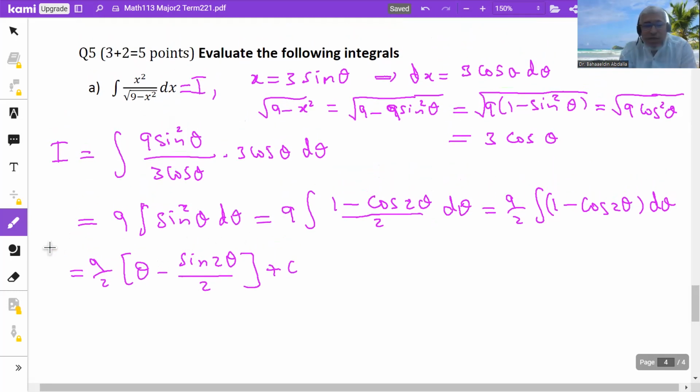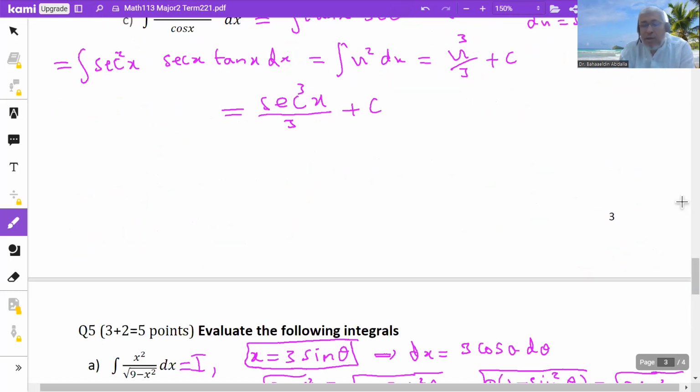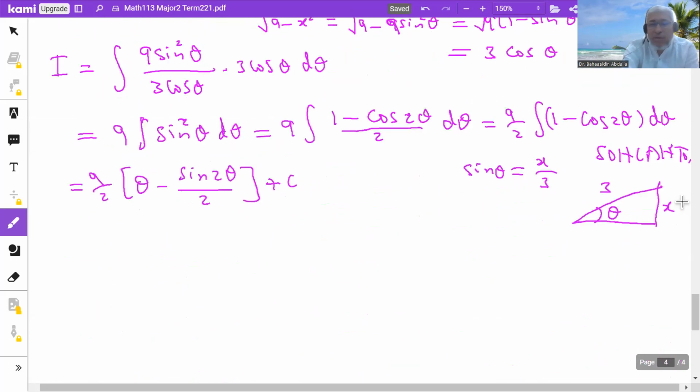But now we have to go back to x, from theta to x. So what is the relation between x and theta? From here, I have sine theta equals x over 3, if you divide by 3. So I can find the triangle of theta. Sine is the opposite over hypotenuse, don't forget.